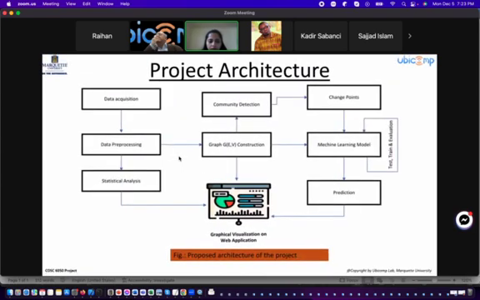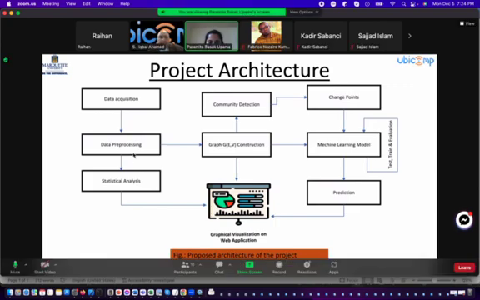So where is our project architecture? We can say that there are three parts of this architecture. First one is data acquisition. Second one is the data processing. And then we use some models and algorithms to predict the adverse events or anomalies in our data.